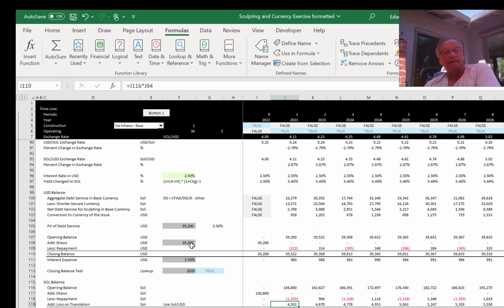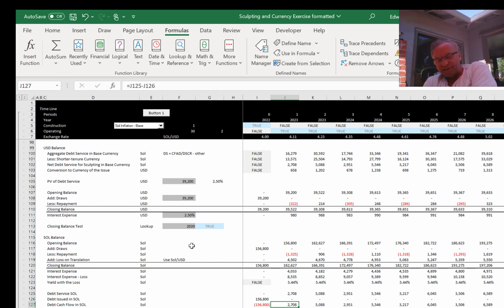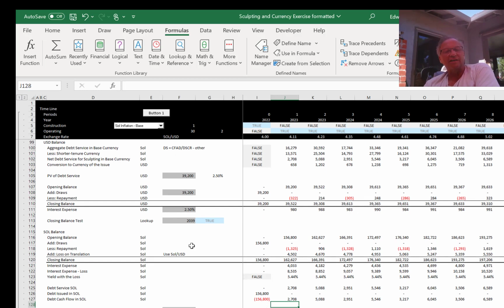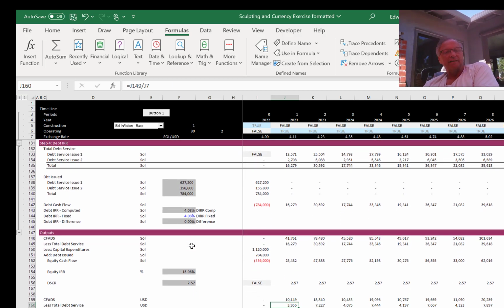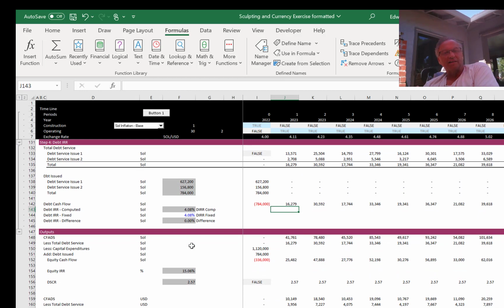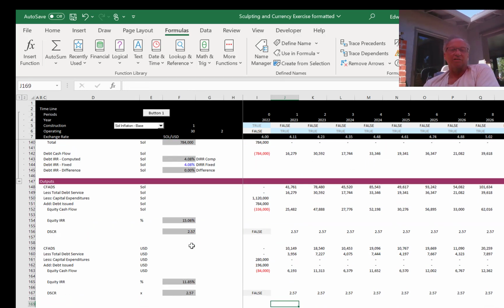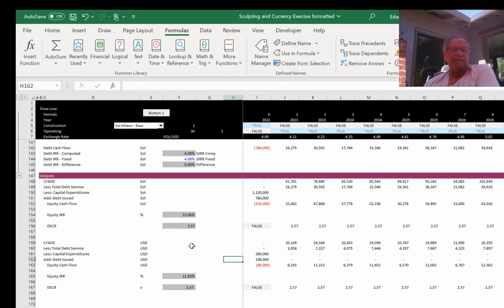And we didn't. If we were running our UDF, all we need is that yield in the correct currency, and we can run everything. And finally, we needed to have our little circular reference, which wasn't that big a deal, and we get the same sort of IRR.